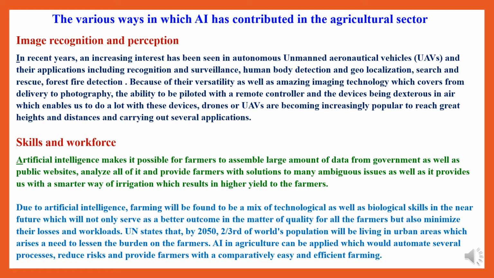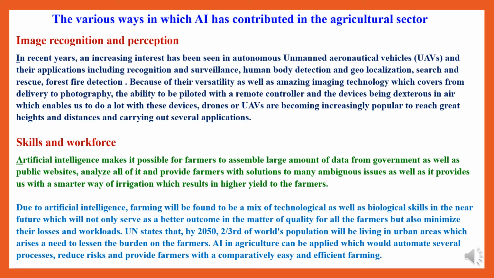Second is skills and workforce. Artificial intelligence makes it possible for farmers to assemble a large amount of data from government as well as public websites, analyze all of it and provide farmers with solutions to many ambiguous issues, as well as providing smarter ways of irrigation which result in higher yield for the farmers.